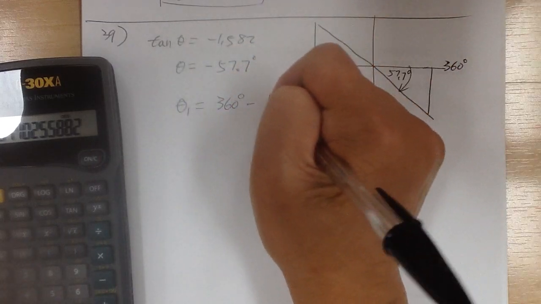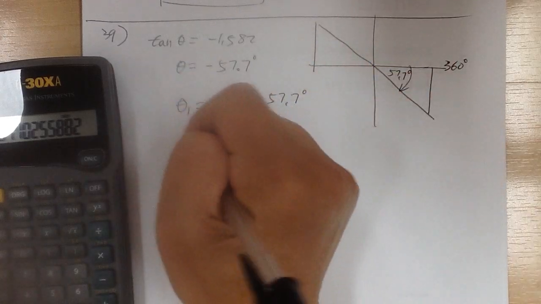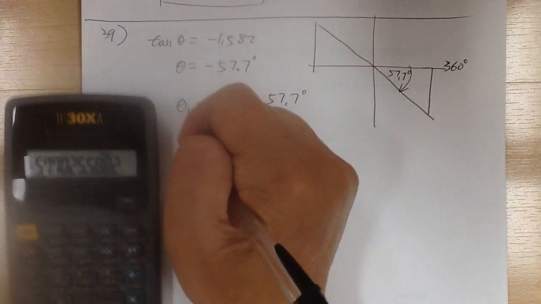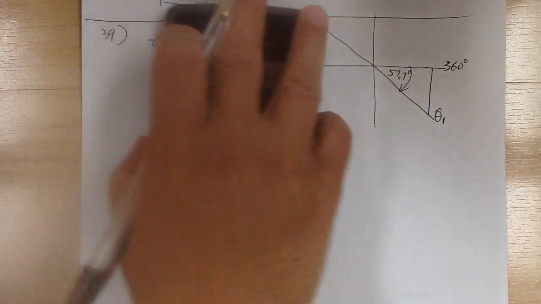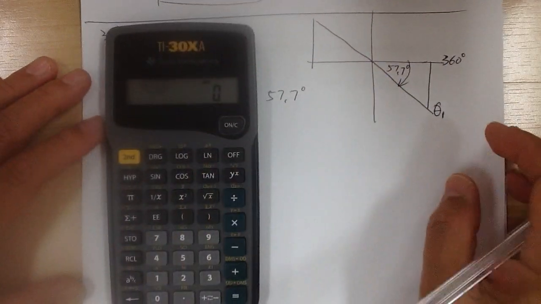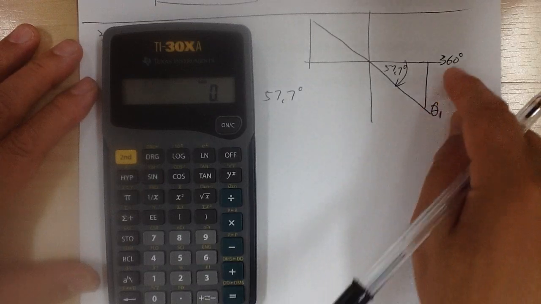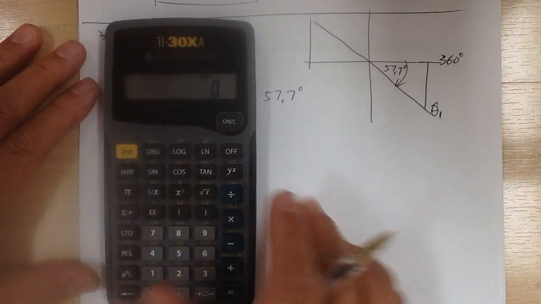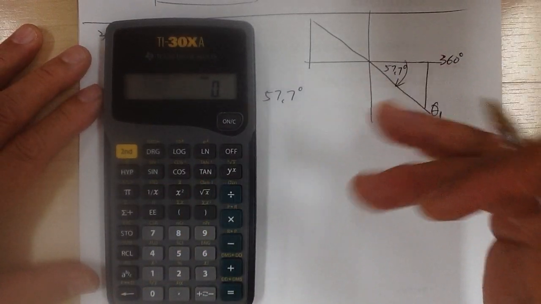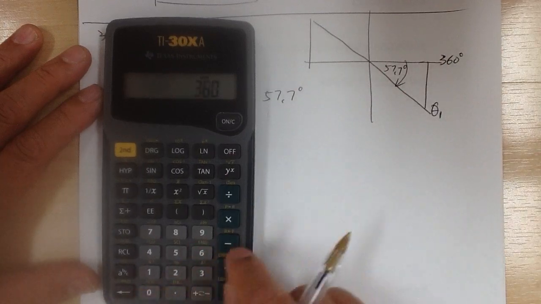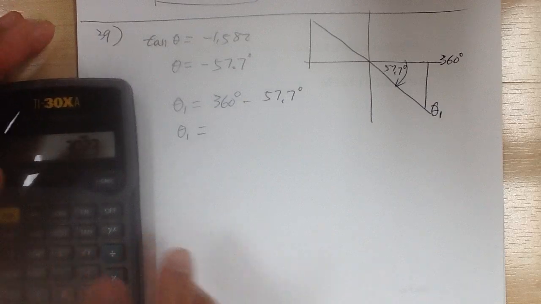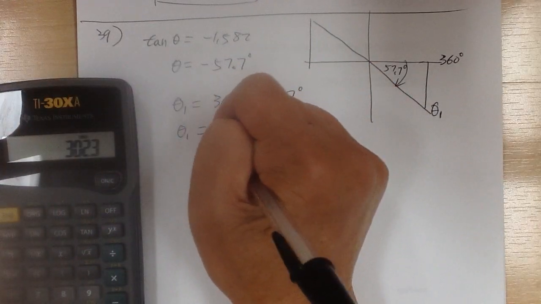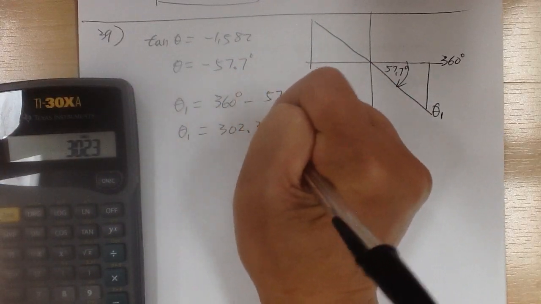So that's your theta 1 right over here. Again, when looking for an angle, it's not as simple. Sometimes you have to sketch out your picture to see what direction it's going. So 360 minus 57.7 equal, you're going to get 302.3 degrees.